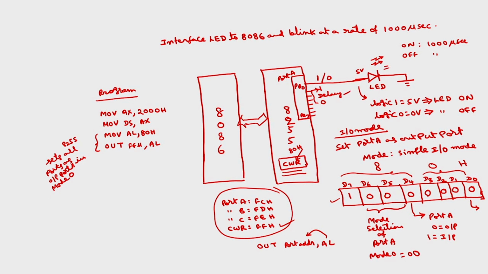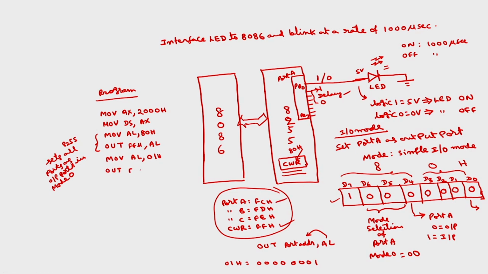First I want to set a logic 1 on PA0. So, what you have to take? MOV AL, 01H. What will be the 8 bits of this 01H? 01H is nothing but 0 0 0 0 0 0 0 1. Then OUT, what is the address of port A? Port A address is FCH.